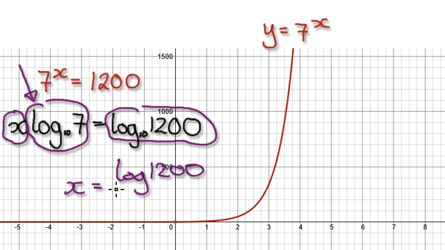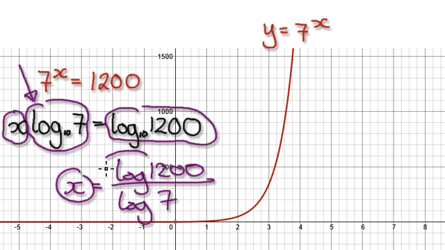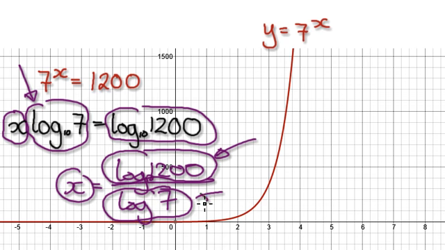So I'm just going to write this over log 7 here. So x here would be you getting your calculator and working this out. Remember, it's to the base 10 here, work out this bubble, and then work out this bubble, and then get this bubble divided by this thing here. That will then give you x.